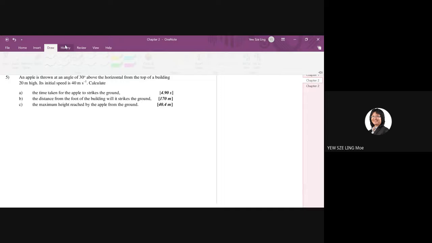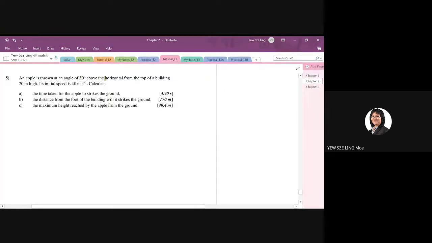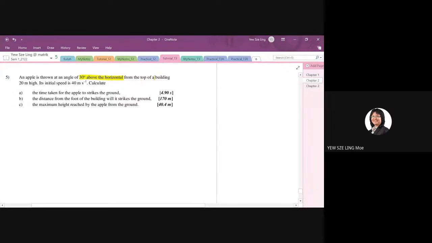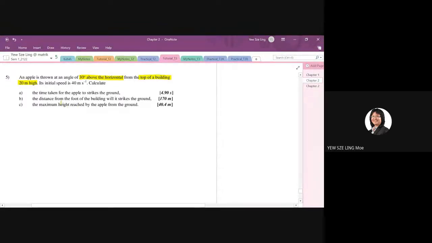An apple is thrown at an angle of 30 degrees above horizontal from the top of a building that is 20 meter high. So now your object again does not start from the ground. The initial speed is 40 meter per second. The diagram is exactly the same as the previous question.